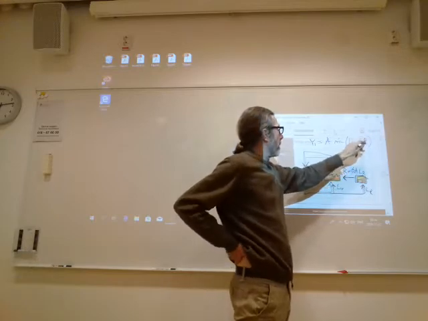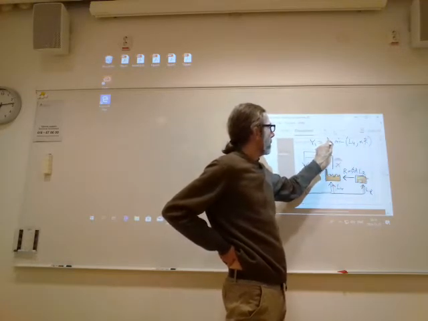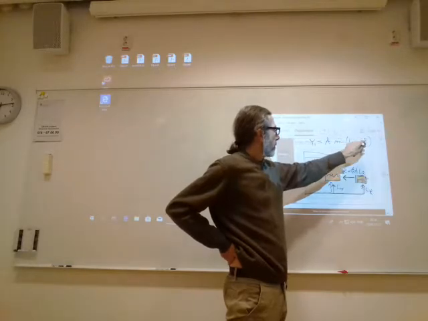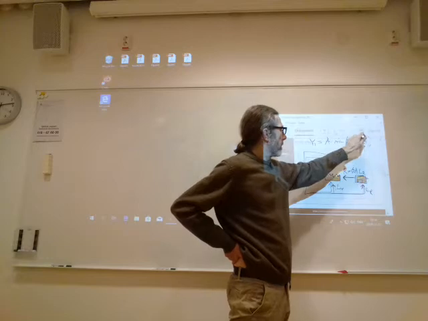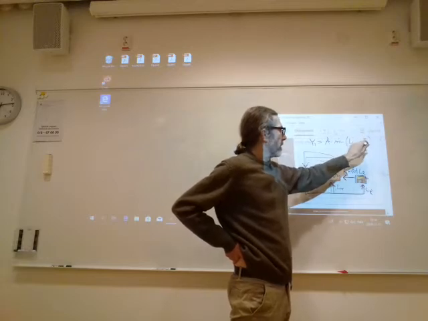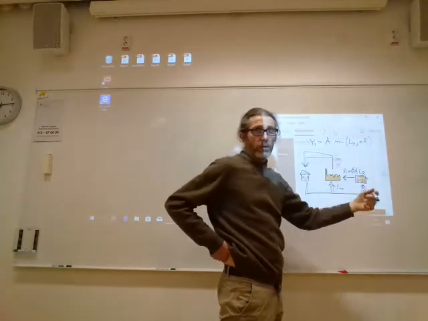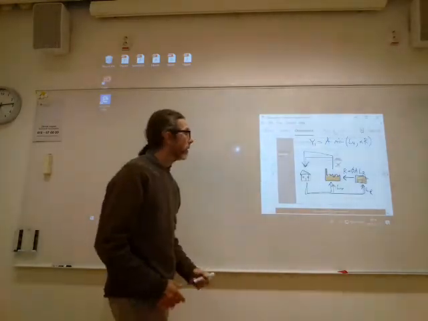But then as A goes up, alpha's constant, you've still got 9 here, 1 here, and you're still going to need 9. Alpha R is still going to need to be 9. Alpha's constant, so R is also going to stay constant.